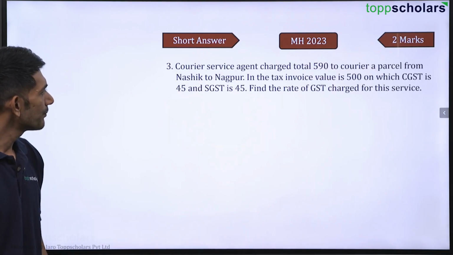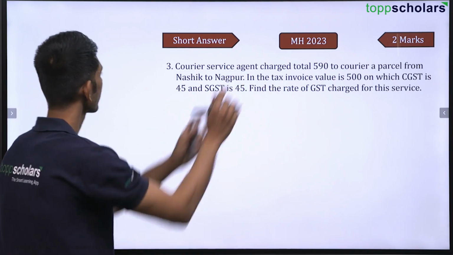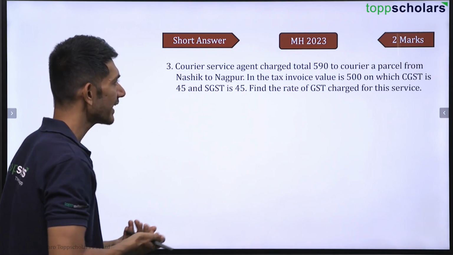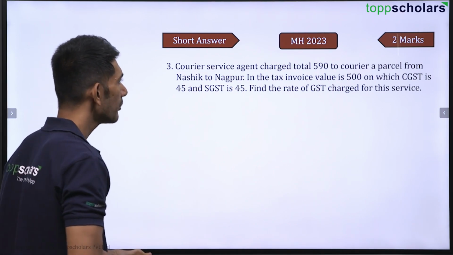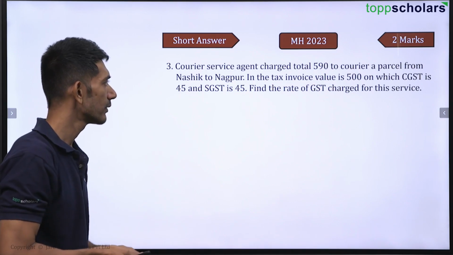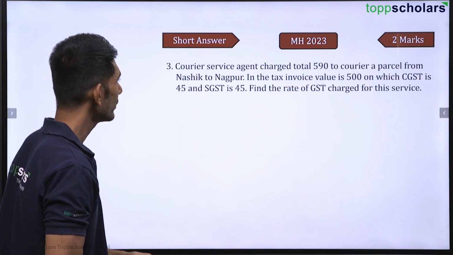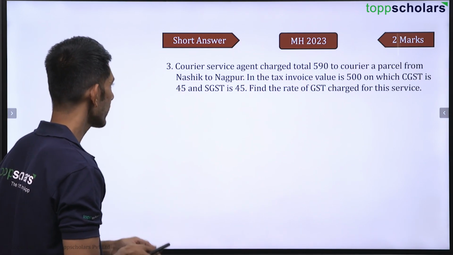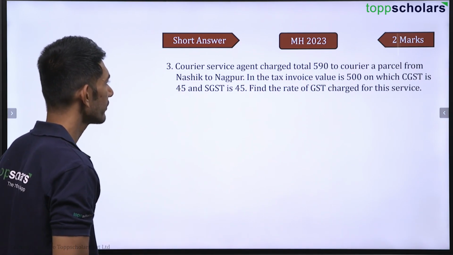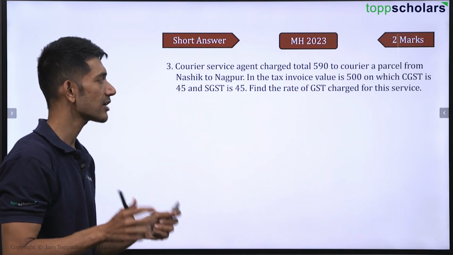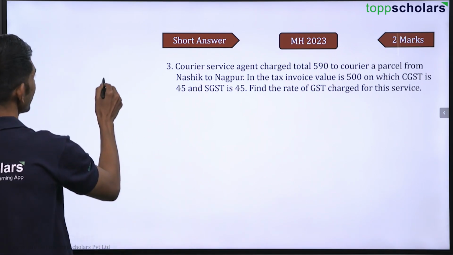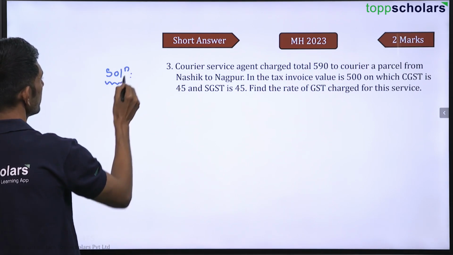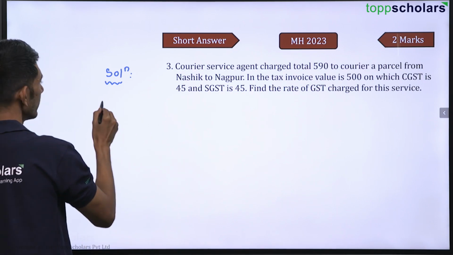Okay, let's continue. The next question says, courier service agent charged total 590 to courier a parcel from Nashik to Nagpur. In the tax invoice, value is 500, on which CGST is 45 and SGST is 45. Find the rate of GST charged for this service. Now, interesting question. Actually, it is very easy because if you see, CGST and SGST, both of them are given.